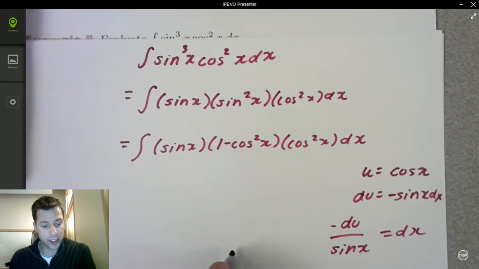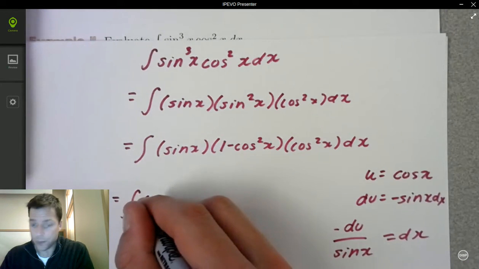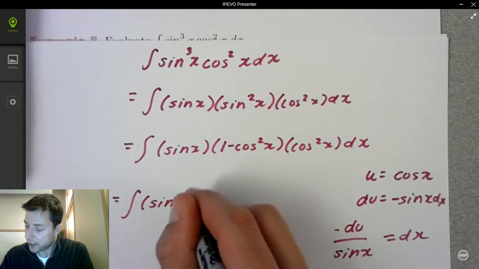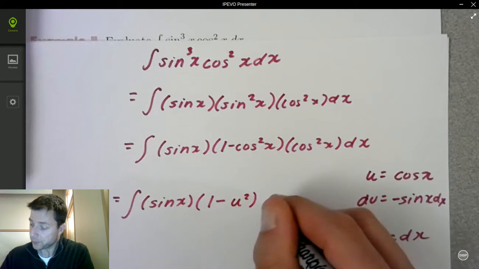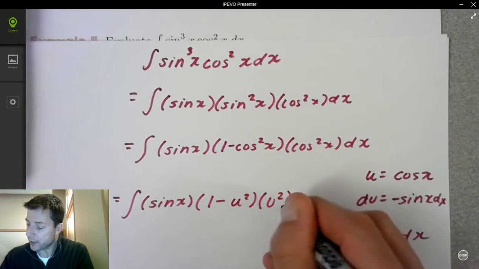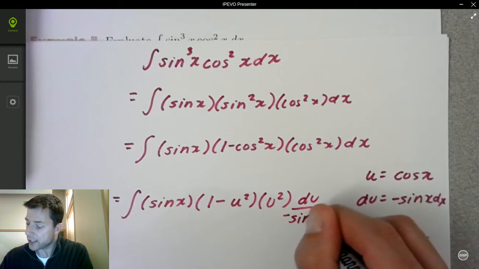So let's rewrite our problem. We're going to have the integral of sine of x, and watch what I'm going to do here, times 1 minus u squared times u squared. Then we know that du is negative sine of x. And guess what?